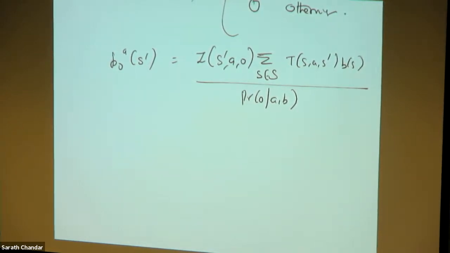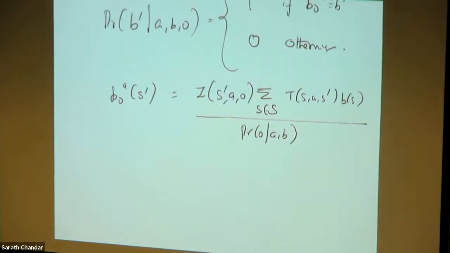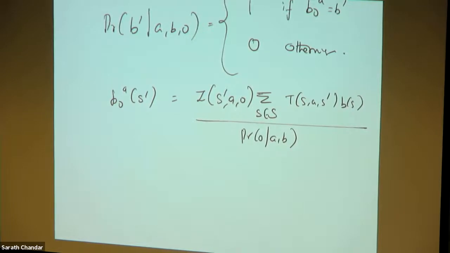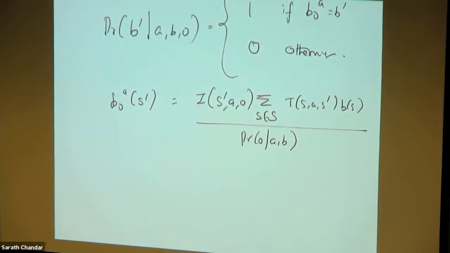Can you explain again this B^O_A part? Okay, so you started with some belief, and let's say that you took some action and you reach a state S dash. B is basically the probability distribution over the entire state space.